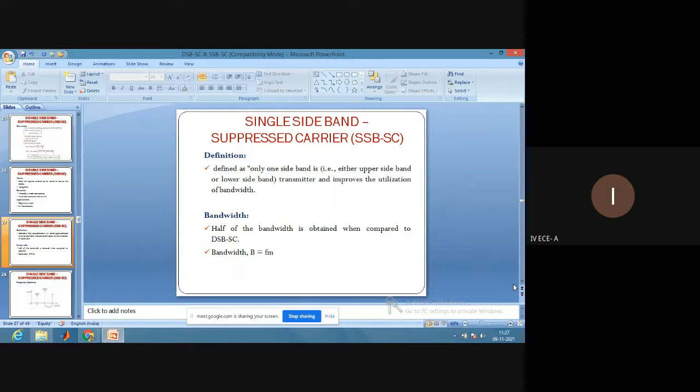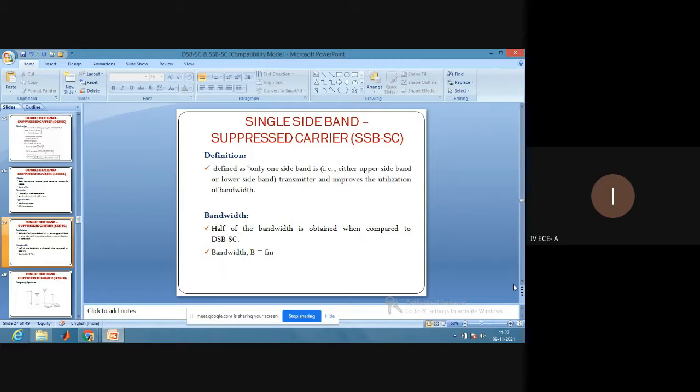One sideband is sufficient for transmission and reception of the original modulating information. Therefore, one sideband is suppressed in DSB-SC along with the carrier signal. This type of system having only one sideband and suppressed carrier is called single sideband suppressed carrier.